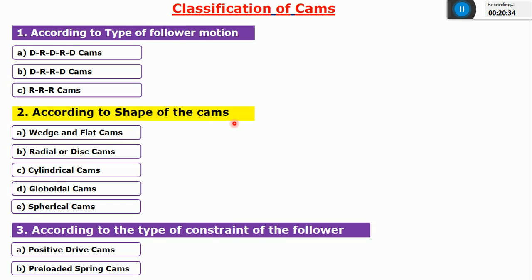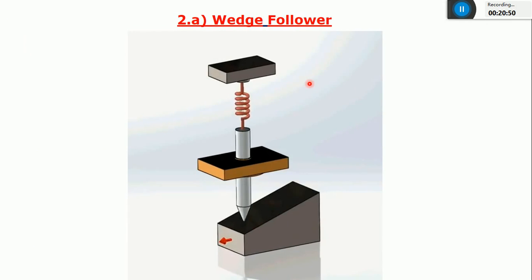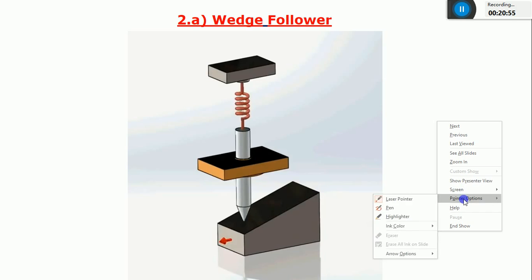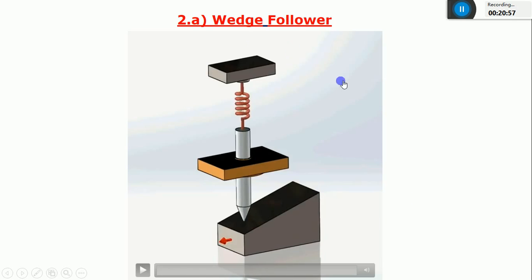I'm not going to consider the shape of the follower, because this is the classification of cams, not the follower. So this is the first classification based on the shape of the cam.